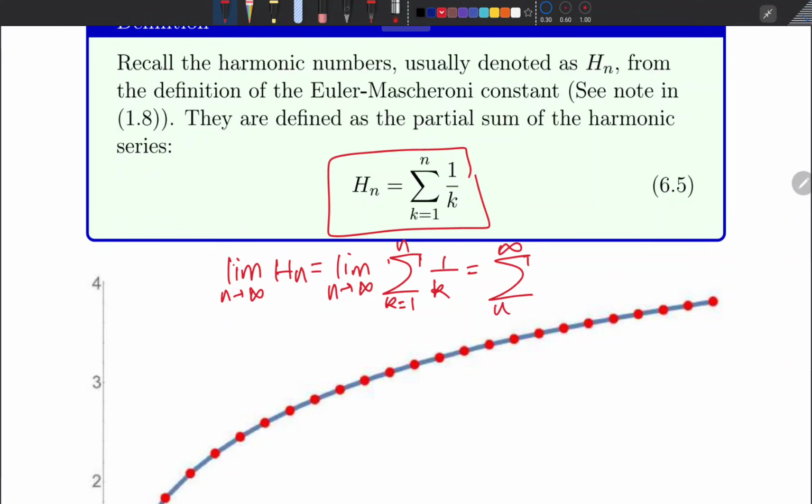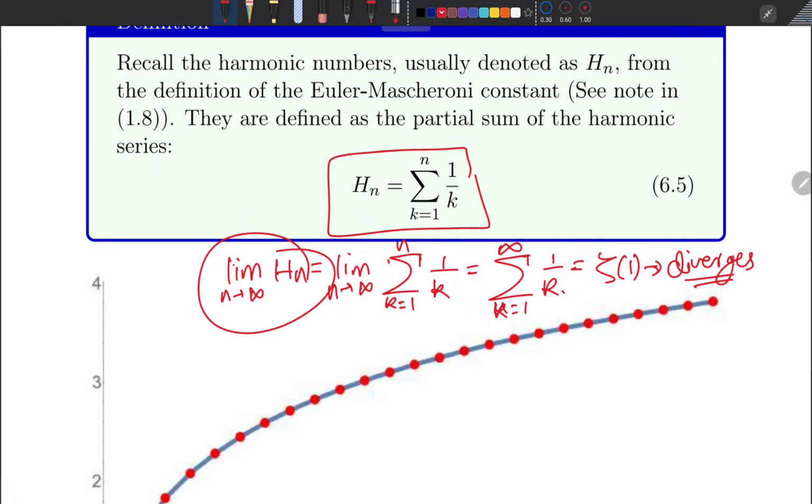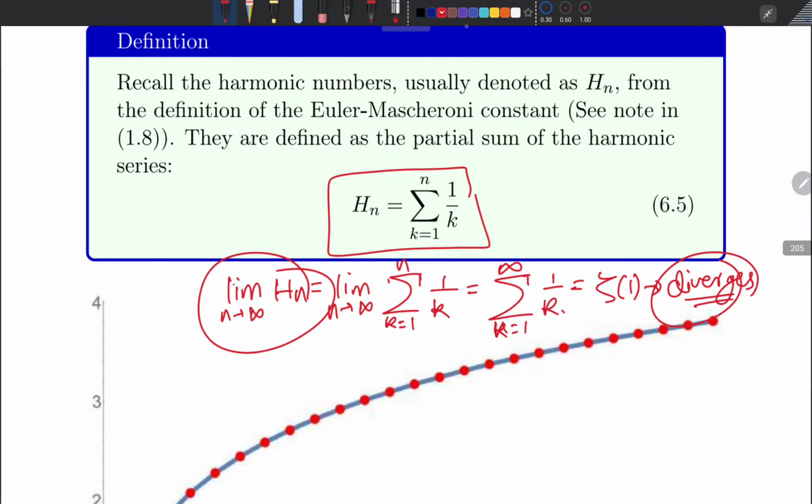So basically it's the sum as k goes from 1 to infinity of 1 over k, and this is, guess what, Riemann zeta of 1, not minus 1 but 1. And guess what, again it diverges. So the limit as n tends to infinity of h sub n diverges to infinity. So you just have to take care about that.